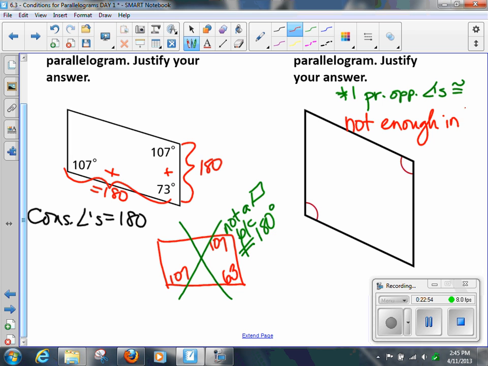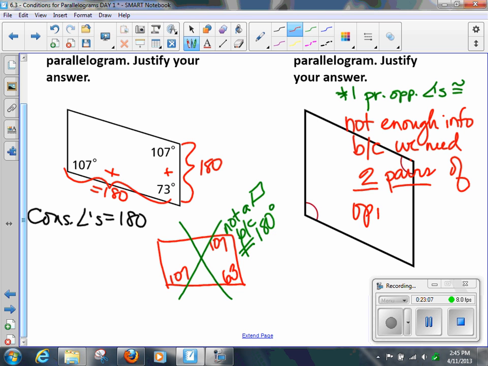Not enough info because we need 2 pairs of opposite angles congruent. And we only have 1 pair. Now, that's being really nitpicky. But that's what the theorem says. And we have to be nitpicky about that.